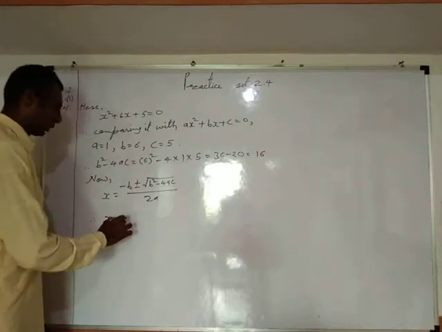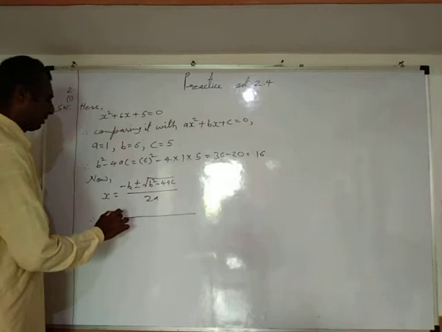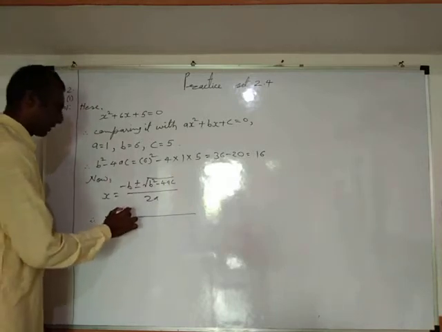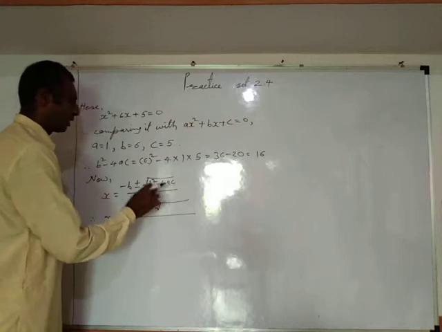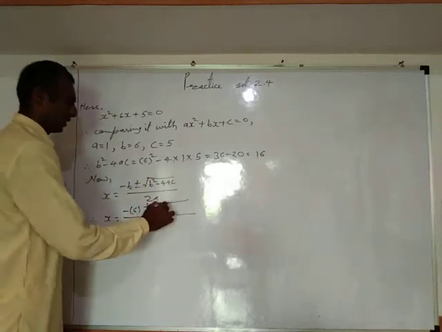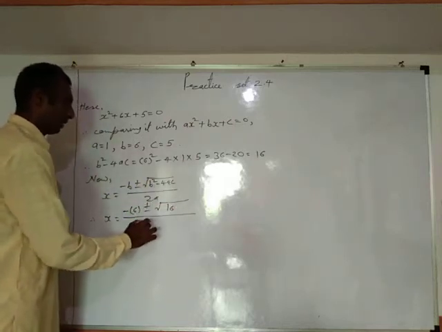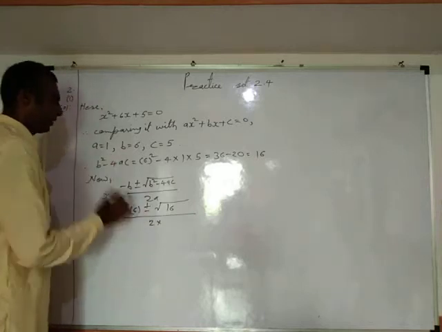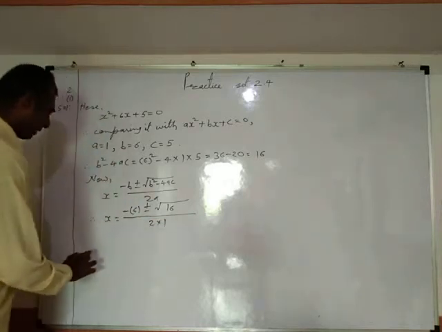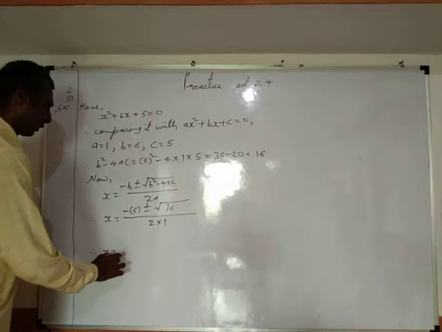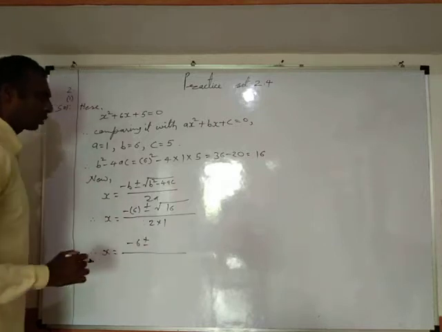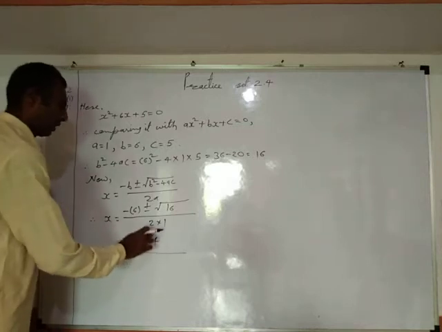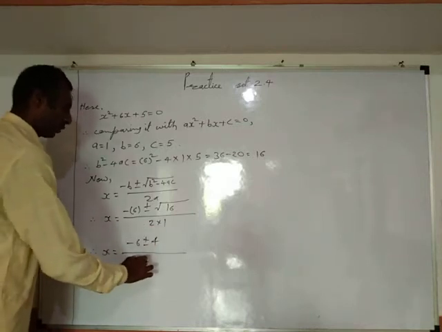Therefore x equals minus value of b, which is 6, plus or minus under root b square minus 4ac, which is 16, upon 2a, means 2 into value of a, which is 1. Therefore x equals minus 6 plus or minus root of 16, which is 4, upon 2 ones are 2.